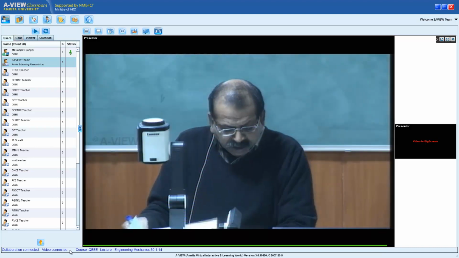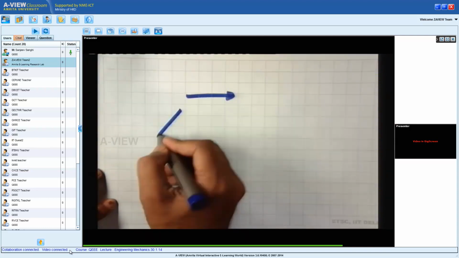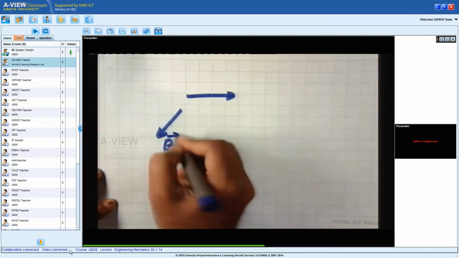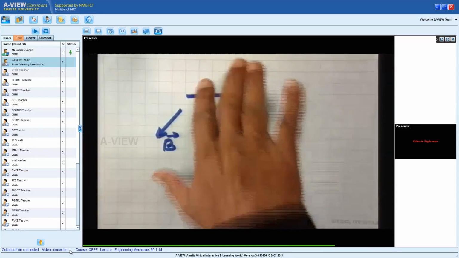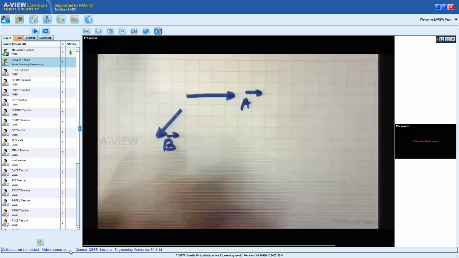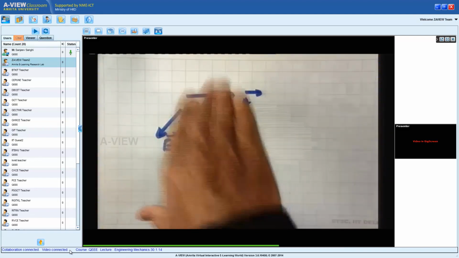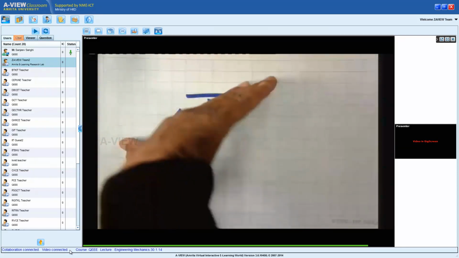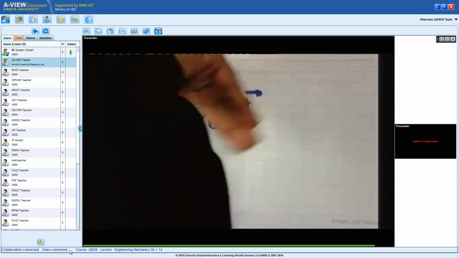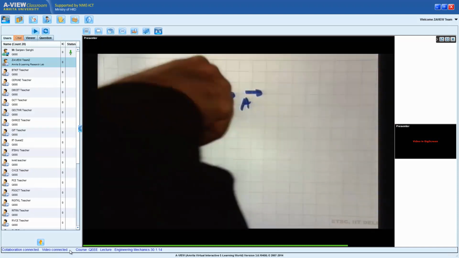Now let me just show the opposite of this. Suppose this is the vector A, this is vector B. Now how do we get the direction of n? Firstly we work out this is the angle theta. Now I take the fingers of my right hand and move from A to B. When I rotate my fingers from A to B, what happens to my thumb?